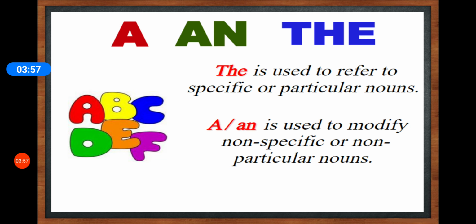In that case, we use the article a or the article an. And that is the reason, because it is used to refer to non-specific or non-particular nouns. That is why a and an are called indefinite articles. Right, children?